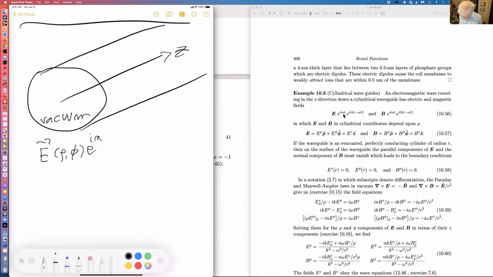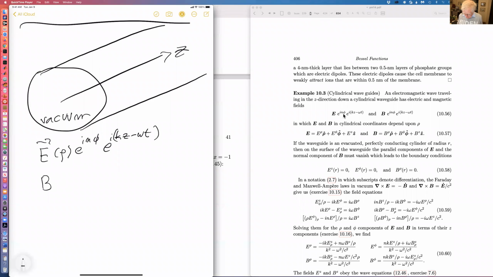So let me just say what we've got here. Now, let me just get rid of all of this then. What we've got here is E of rho, and it's e to the i n phi, and then e to the i kz minus omega t.